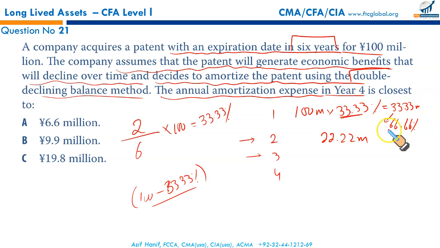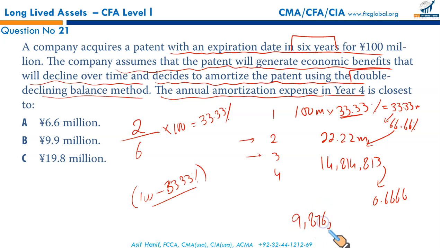Next year, multiply this percentage with 22.22 million, and you will get 14.814 million. Further, for the 4th year, multiply this number again with 0.6666. The amortization for the 4th year will be 14.814 times 0.666, which gives you 9.876532.